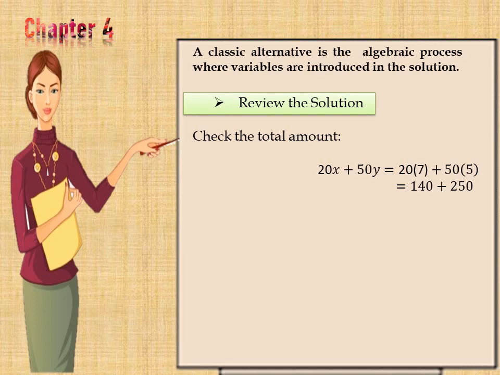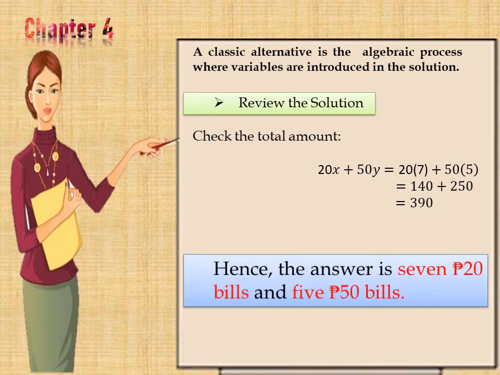Next, 20 times 7 is equal to 140 and 50 times 5 is equal to 250. And the total is 390. Therefore, our final answer is 7 20 peso bills and 5 50 peso bills.